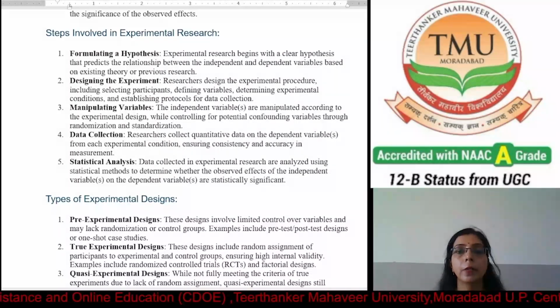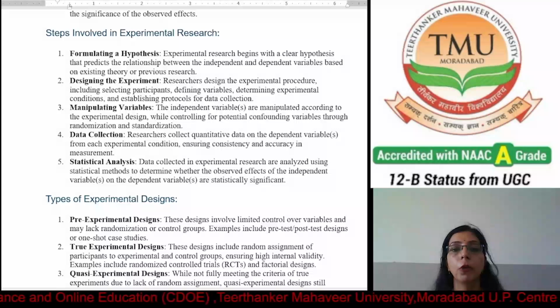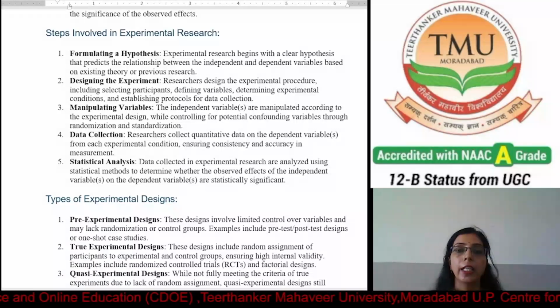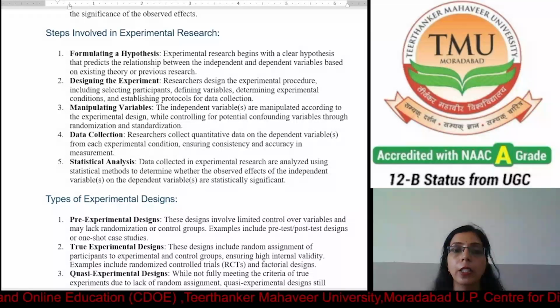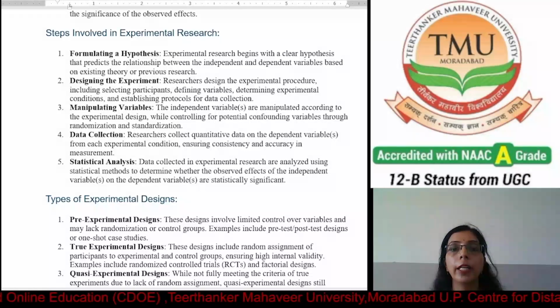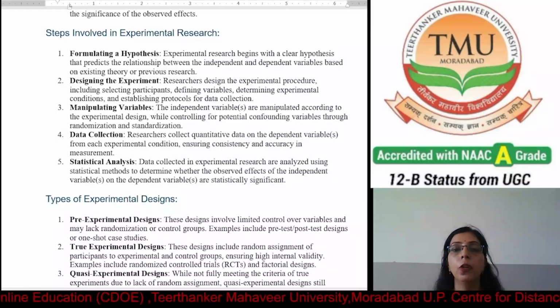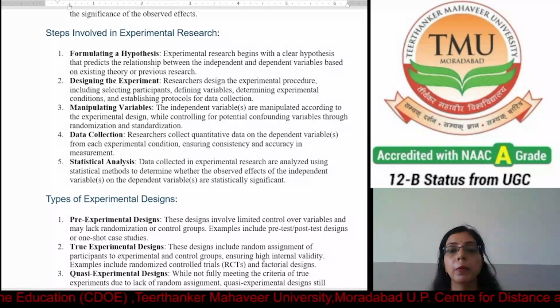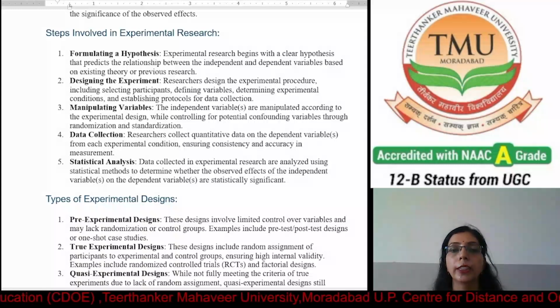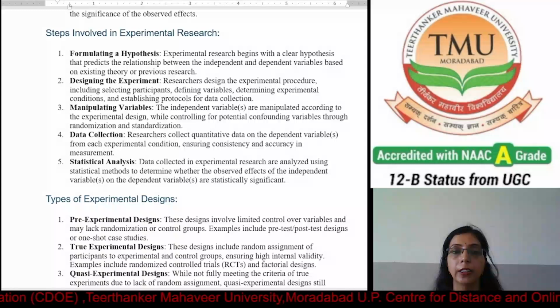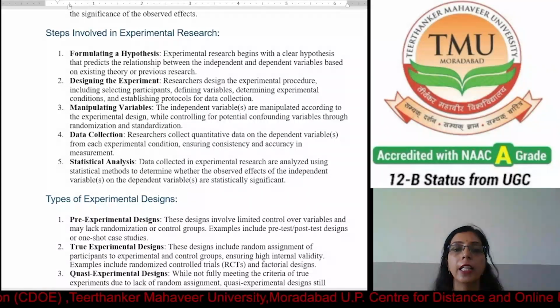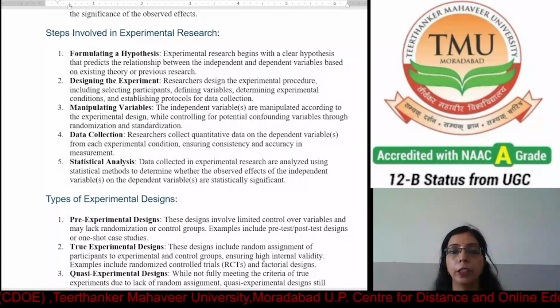So under such circumstances, the researcher may follow the four criteria which I just mentioned in order to apply required controls. These designs have greater applicability in education.